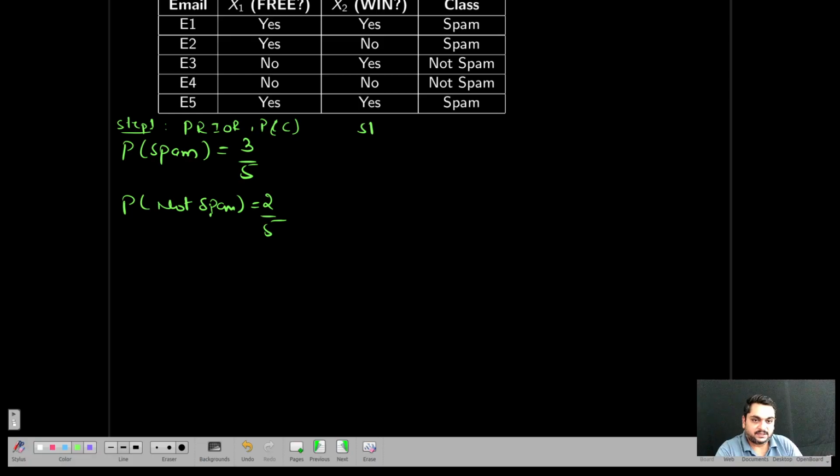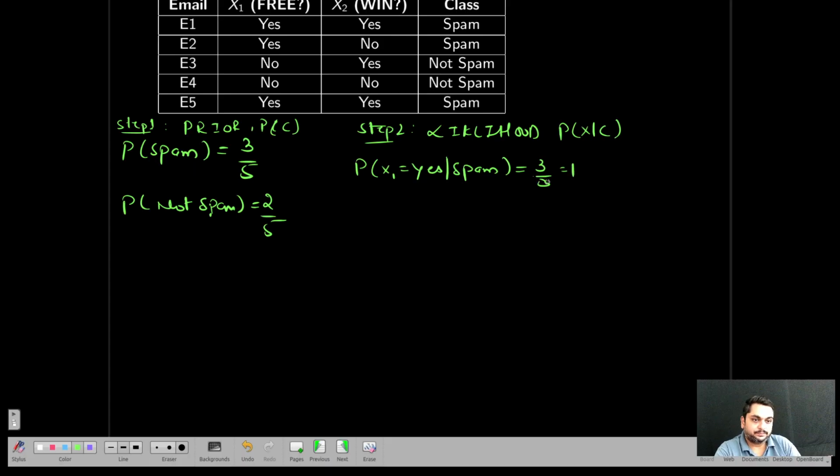Next, step 2. I found out the likelihood, that is probability of X given C. So we found out probability of X1 is equal to S given spam, class is spam. This is equal to 3 by 3, 1.